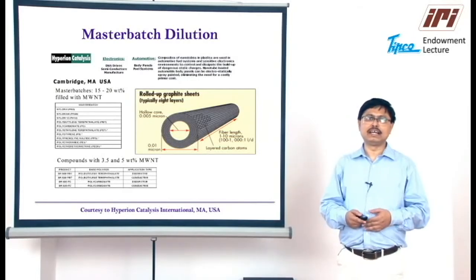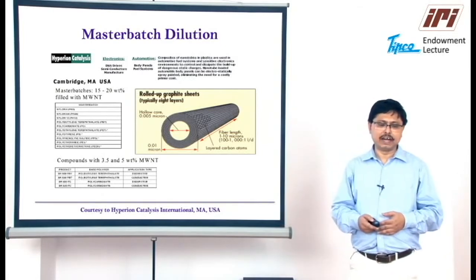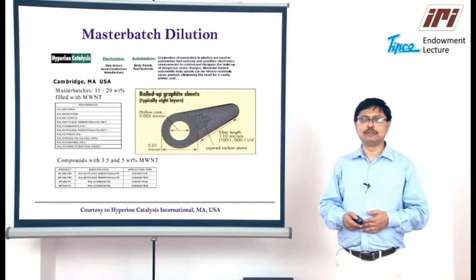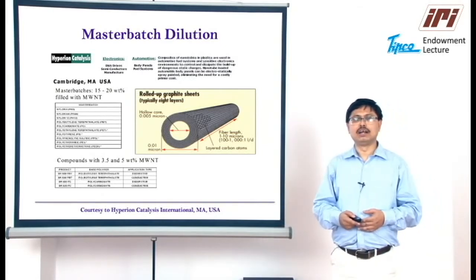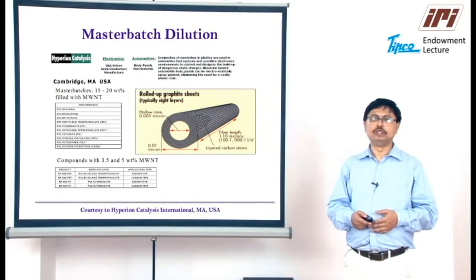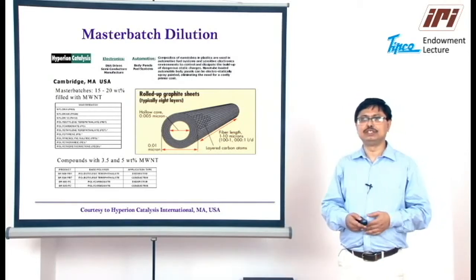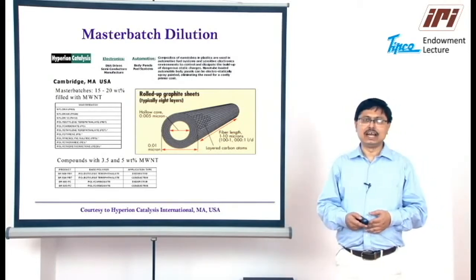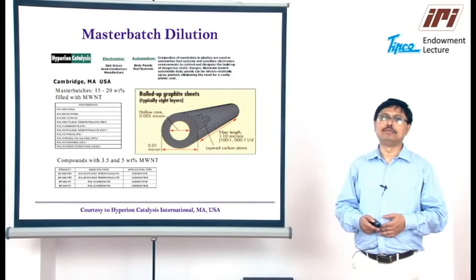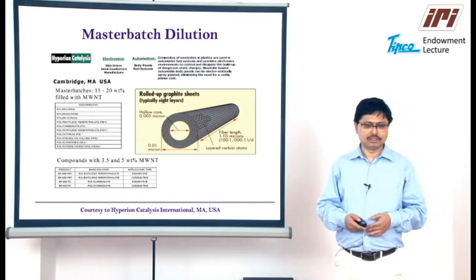In this particular case, one can find that these are multi-wall carbon nanotubes of 20 to 30 nanometer in diameter and several micrometers in length.